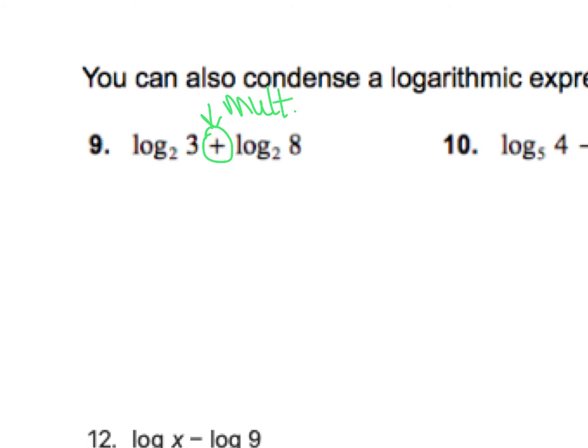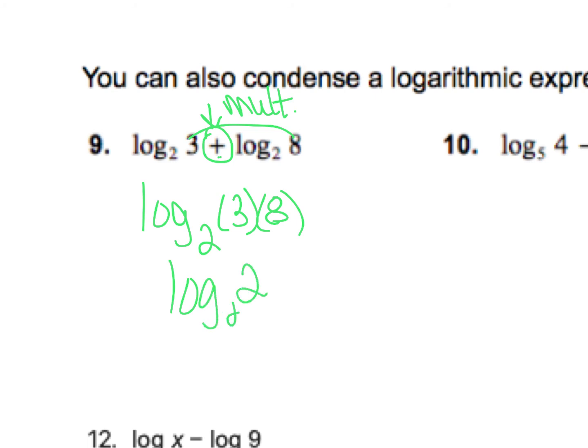Now we're going the other way. Since it's addition here, that means we're going to multiply 3 and 8. So I would have log base 2 of 3 times 8, which is just log base 2 of 24. So that addition told me that we needed to multiply to put it back together.